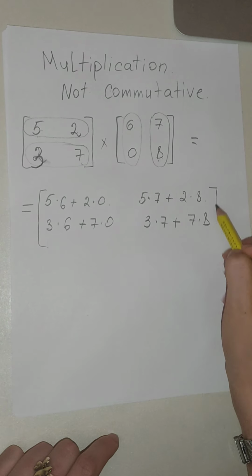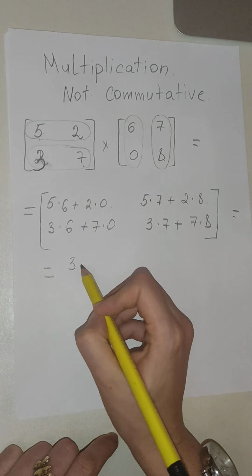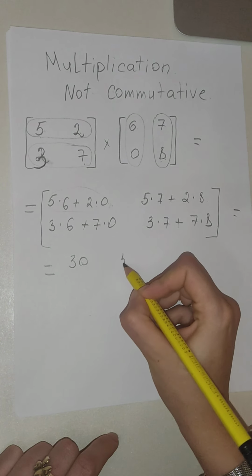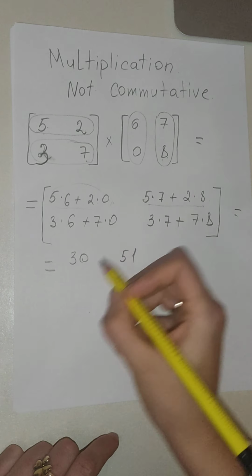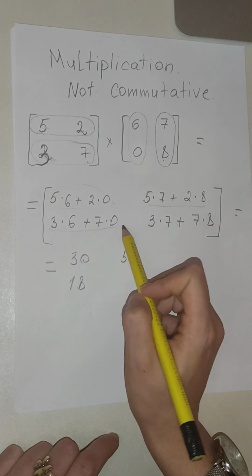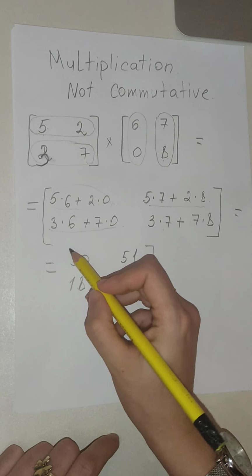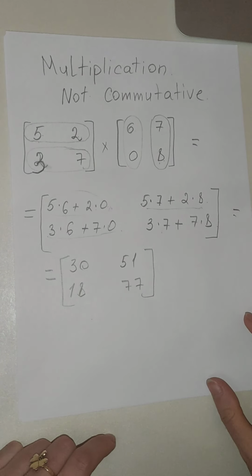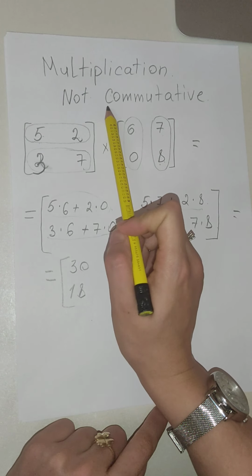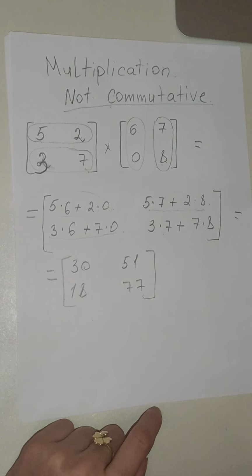And here, what will we get? 30, if we find the result. 51 here. 18 here. And 77 this one. This is the multiplication of two matrices, and don't forget, the multiplication of two matrices is not commutative.